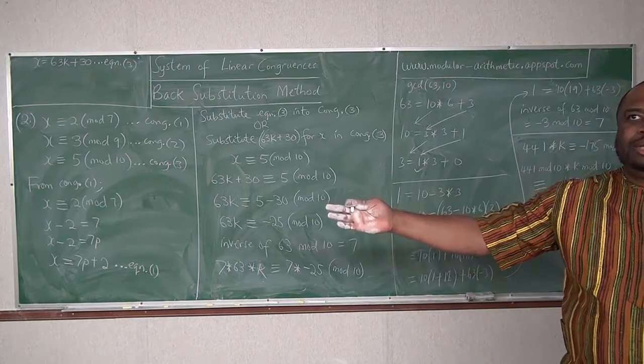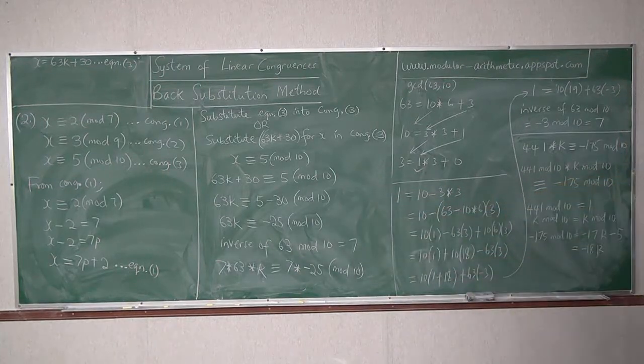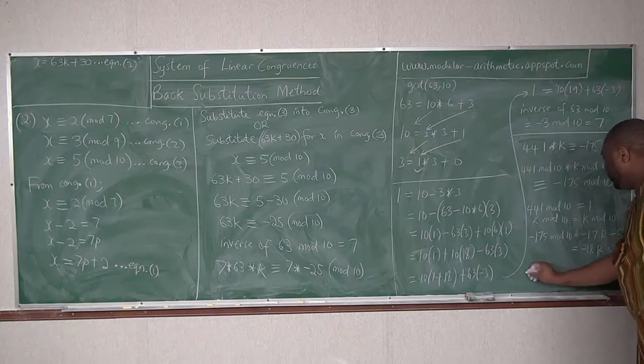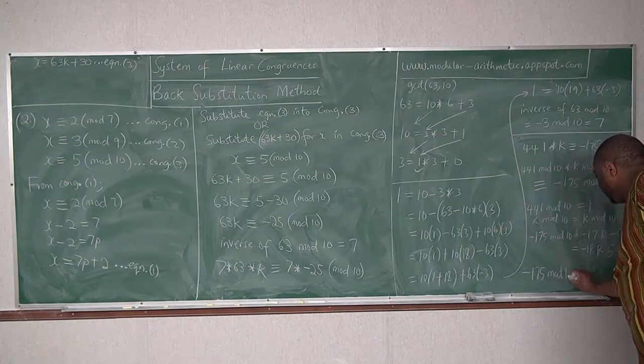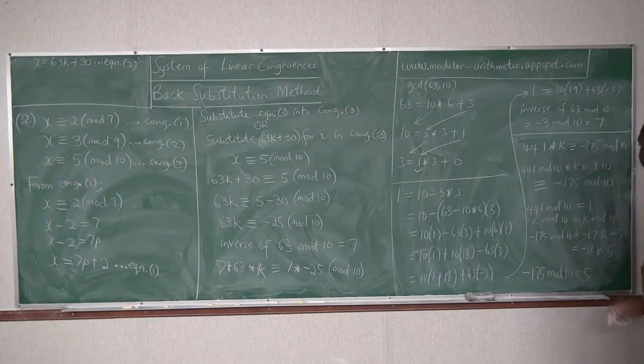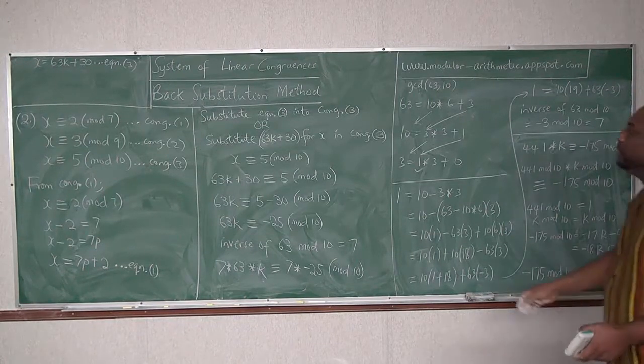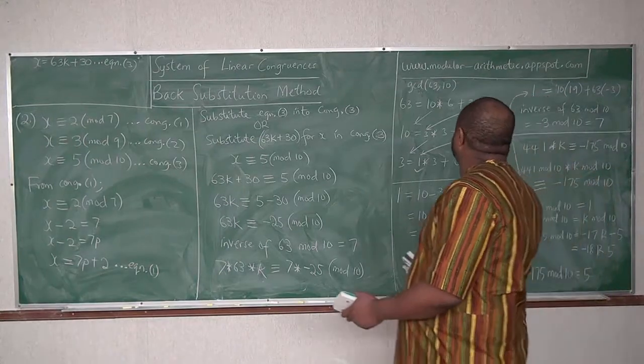Now to get to negative 175, you have to add 5. Remainder 5. So negative 175 mod 10 is equal to 5. Alright, so let's finish this up, folks.